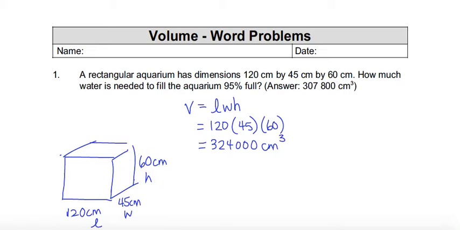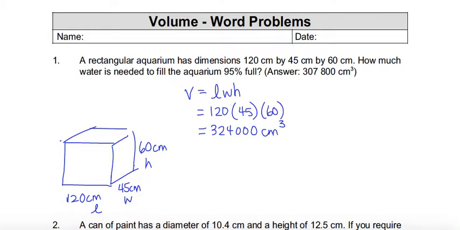Now I only want 95%, so I'm going to calculate 95% of 324,000. So you may remember doing questions like this in Unit 1, at the very beginning of our course. In order to calculate 95% of 324,000, I need to convert my percentage into a decimal.